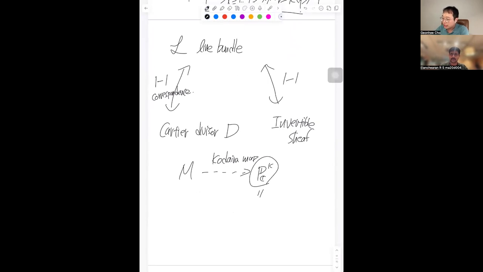Then if I denote this by D, what this actually is is H0 of D, which is C^(k+1) as a C vector space, and take the projectivization.